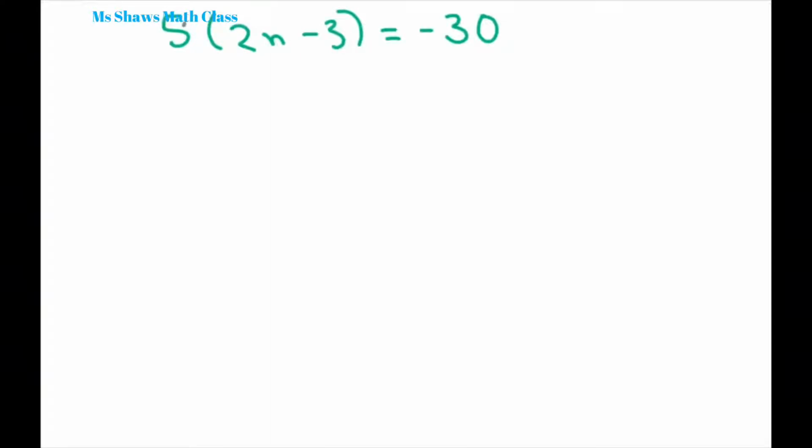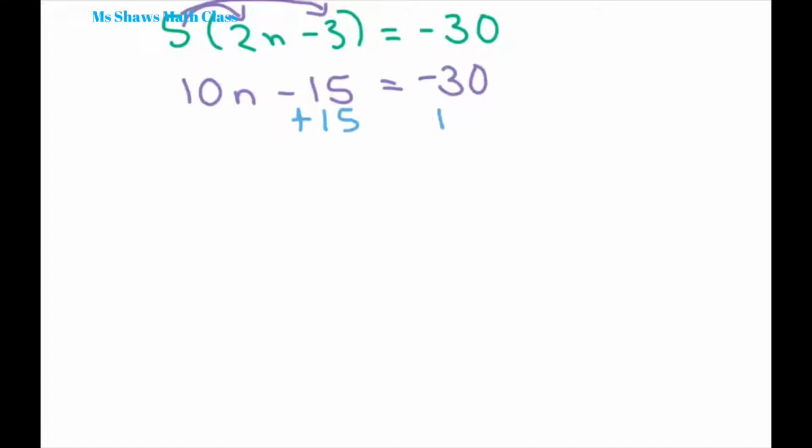So we use our distributive property of arithmetic again. So you get 10n minus 15 equals negative 30. Use your addition property of equality. So this one's going to be 10n plus 0 equals negative 15.